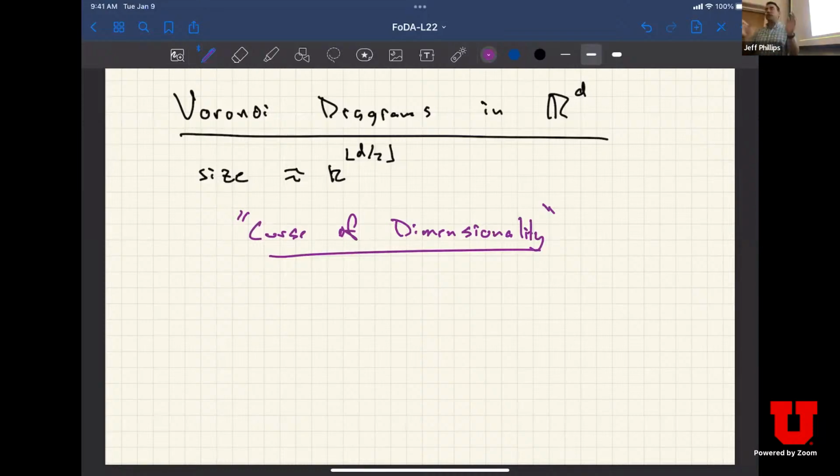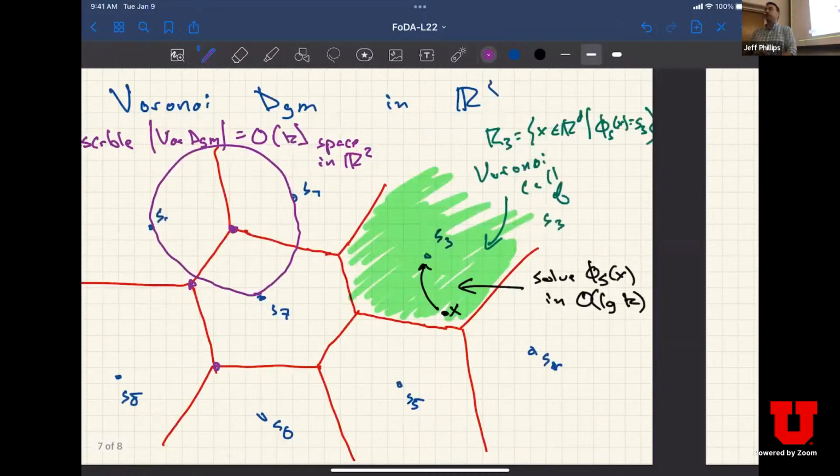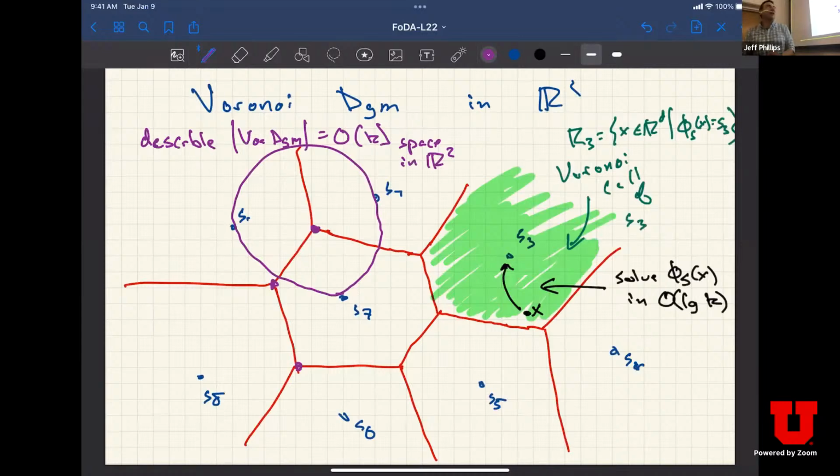So there are a bunch of road bumps and pitfalls along the way in data analysis, and this is one of them. This is something people have studied. A lot of mathematicians have studied these Voronoi diagrams in higher dimensions. There's lots of cool math behind them, but they're not very useful in higher dimensions. They're useful for thinking about what's going on.